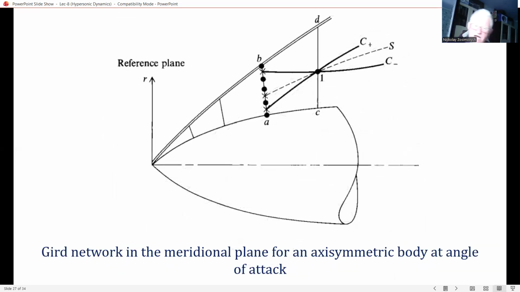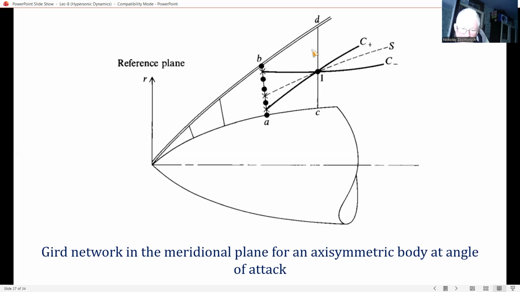And in this slide, assume that the flow field properties are known at the grid points denoted by solid circles along the straight line AB. And furthermore, arbitrarily choose this point 1 on the next downstream line CD.